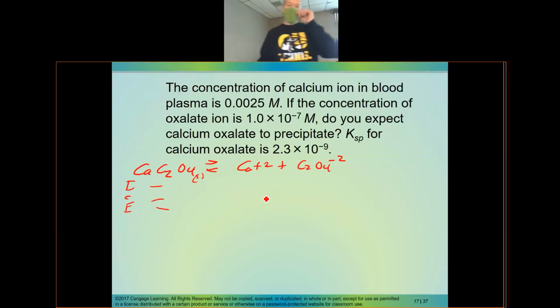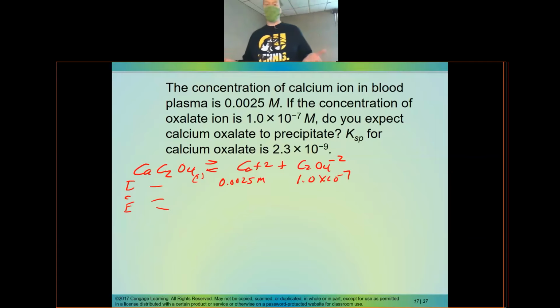We have a concentration of calcium, it is 0.0025 molar. And then we also have a concentration of the oxalate ion, 1 times 10 to the minus 7. So now we have a concentration of both of them. And so we don't know, is it going to go to the right? Is it going to go left? We have to calculate Q and compare it to K.